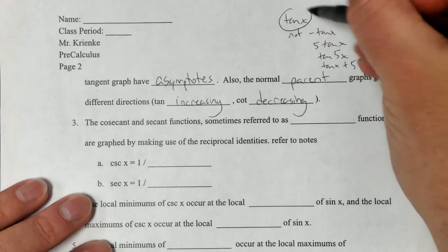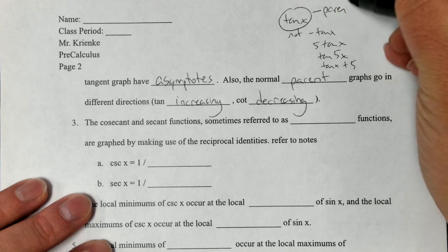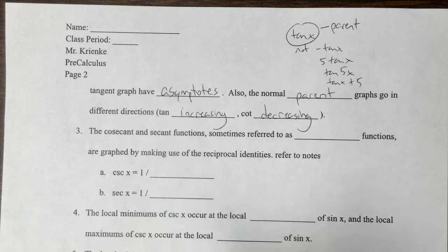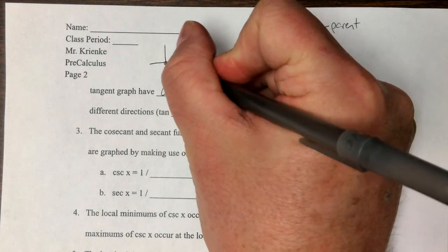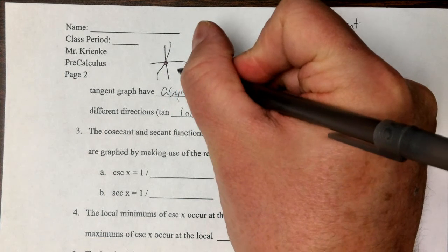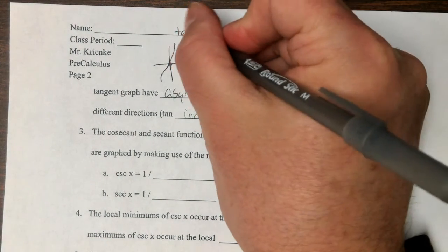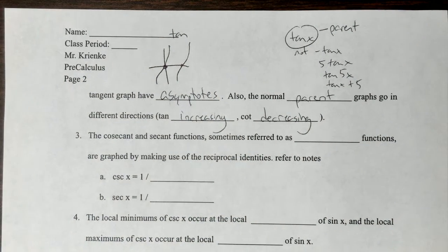So the parent would be plain and boring. So the tan is increasing and it goes through the origin. It would look like that, and then another one. So that's tan. And then cotan would not go through the origin and it'd be decreasing.